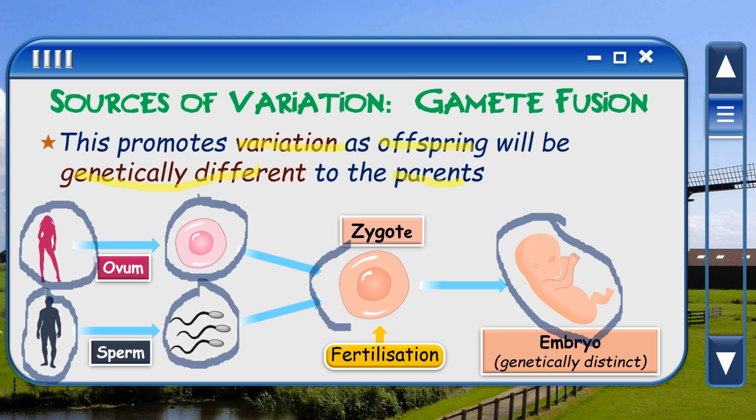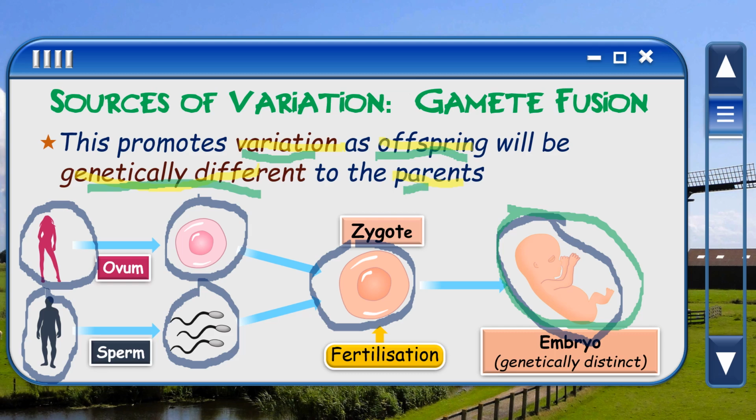So he is going to be a recombinant, genetically distinct from the parents, because he or she has information from both parents. So that's why this promotes variation, as the offspring will be genetically different from the parents.